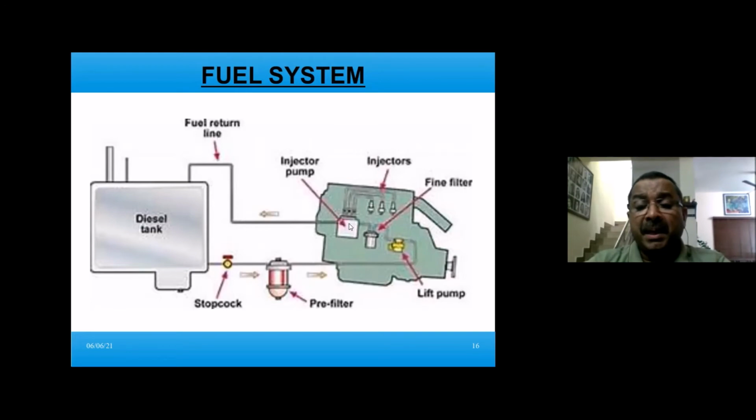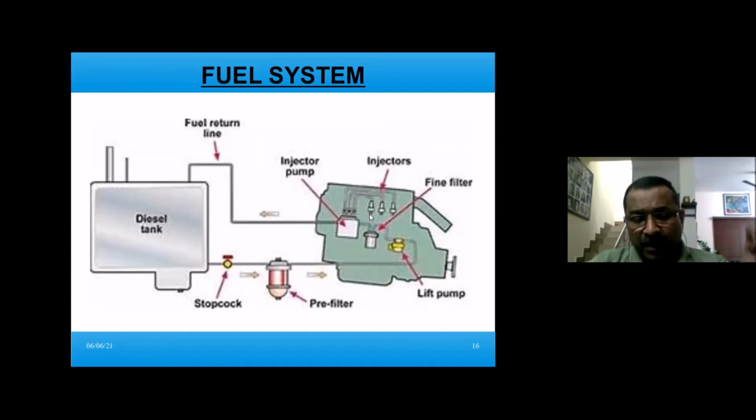The diesel will be pumped at a pressure of the order of 300 bar. It is a very high pressure, so we need a very special injector pump here. This will pump diesel through these very fine pores to the cylinder.